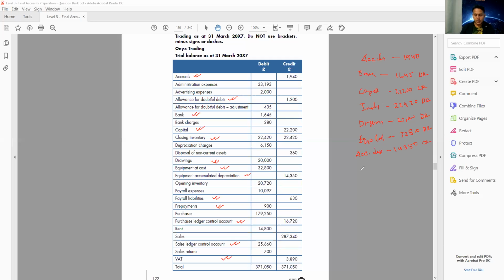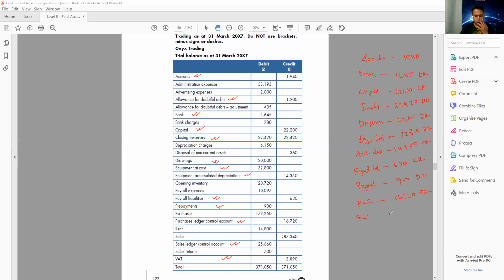Then we have payroll liability, current liability, that is 630, credit. We have prepayment, asset 900, debit, current asset. Purchase ledger control 16,720, credit. Then we have sales ledger control.